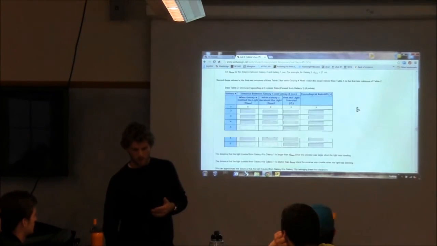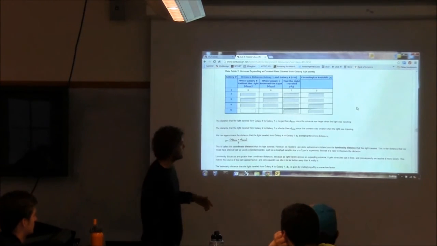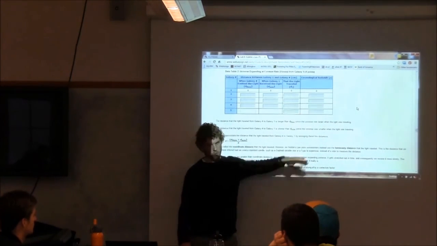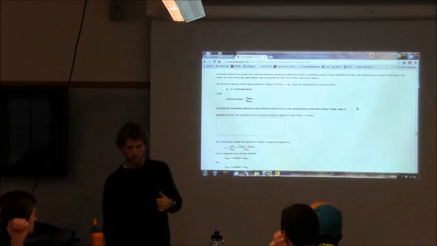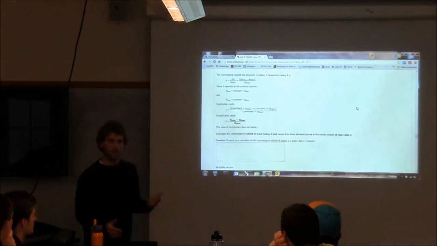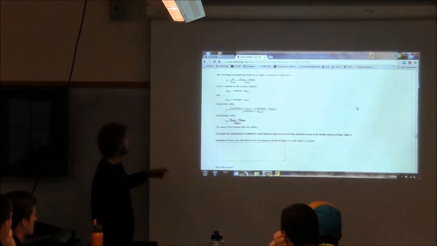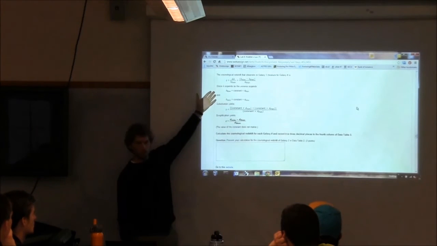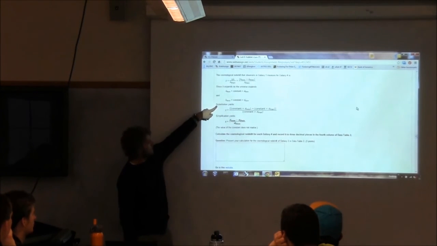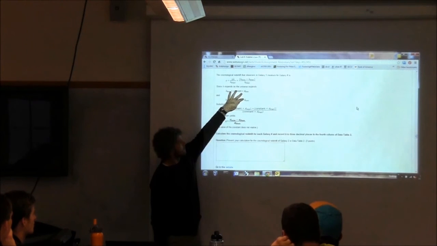Once you take your measurements, you then fill out this table, and that will allow you to figure out the cosmological redshift. So redshift is based on what? It's based on change in wavelength, right? So redshift is equal to a change in wavelength over the wavelength emitted, or wavelength then, and we just find out that that's proportional to the distance.